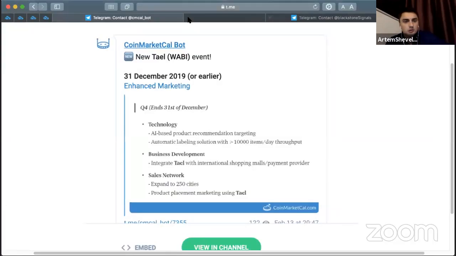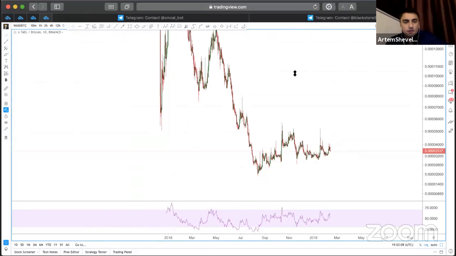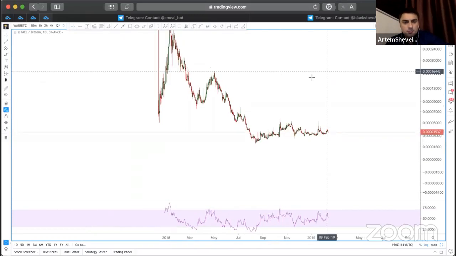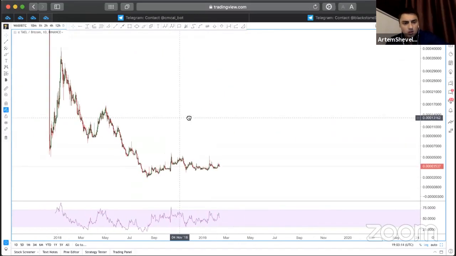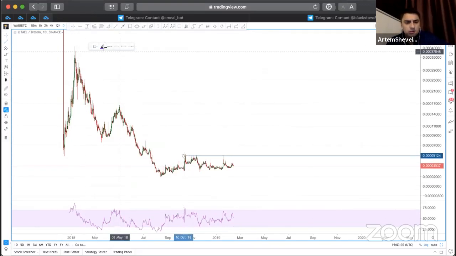And let's start from the chart. In the WABI chart, I opened the chart with this news. As you can see, the project chart is somewhere in the lows, and we can make a fast TA on WABI coin just to see how it develops and how it will probably go in the next few months.